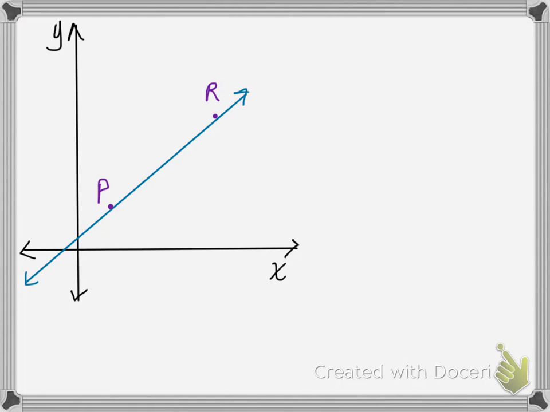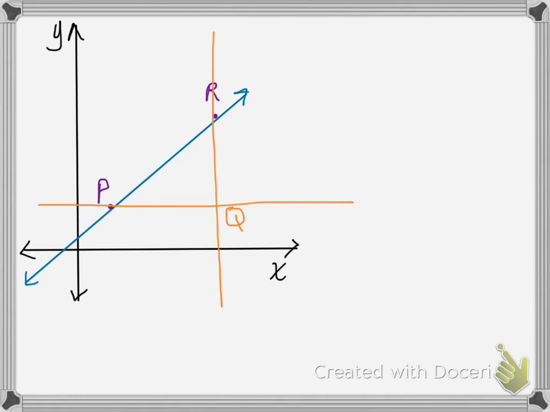I'm going to put some lines on here. So I'm going to draw the horizontal line through P and the vertical line through R. There we go, and that gives us our point Q here. And so we have the slope is going to be the distance QR over QP.